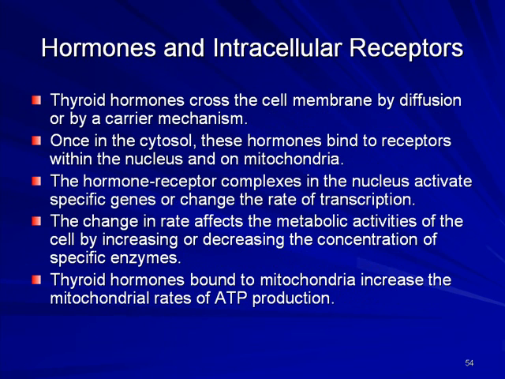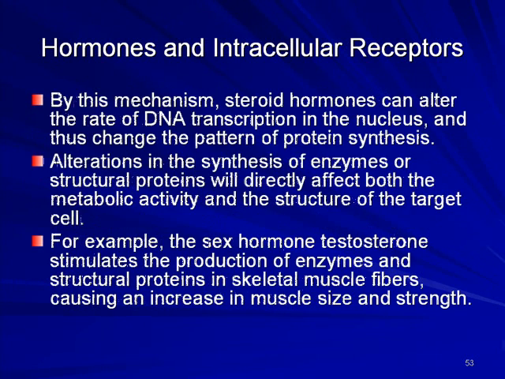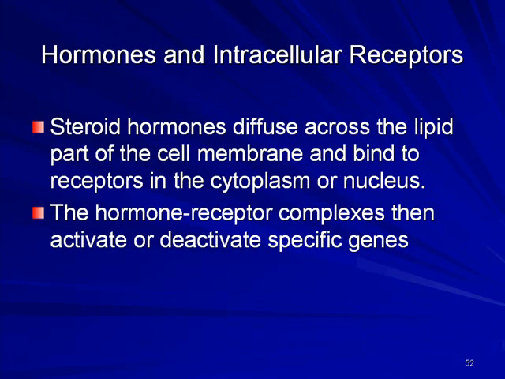Hormones and intracellular receptors. Some hormones react to intracellular receptors. There are receptors that are on the cell membrane, but there are some hormones that actually react to intracellular receptors. Steroid hormones are an example of this. They will diffuse across the lipid part of the cell membrane.